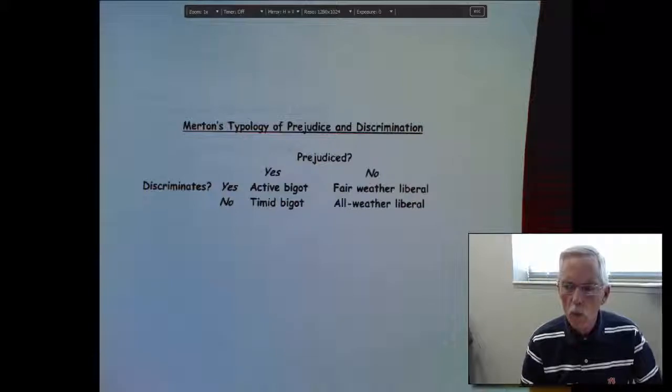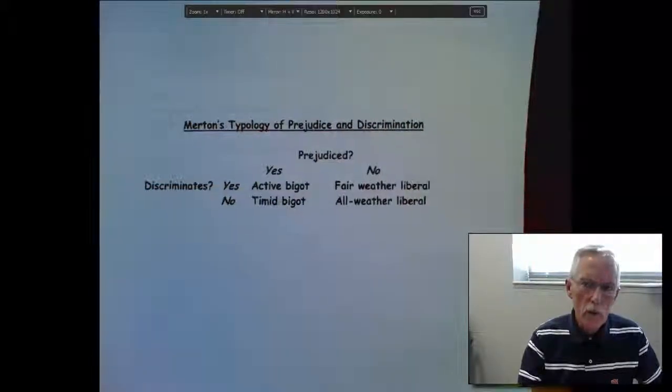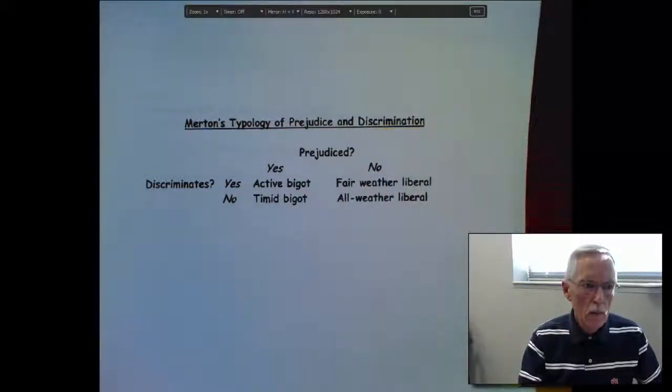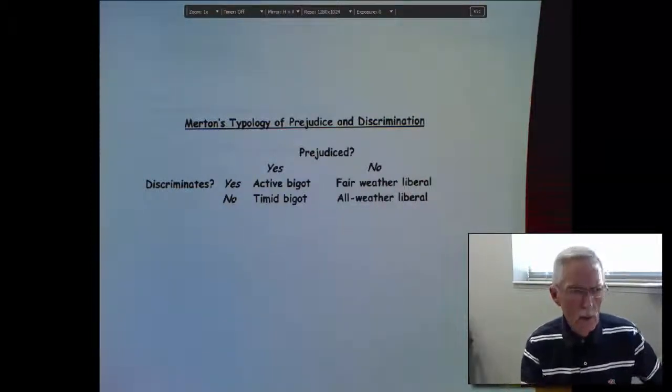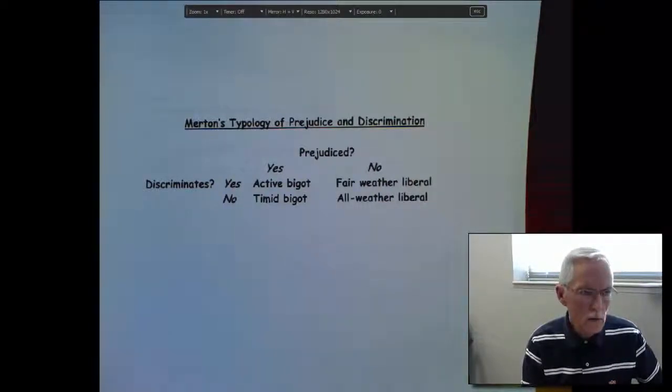Or you can put it another way. You work at a restaurant as a server, and the boss comes to you and tells you to mistreat any minority patrons because he doesn't like them or she doesn't like them. And you look at the boss and say, I really can't do that. And then the boss gets in your face and says, do it or you're fired.